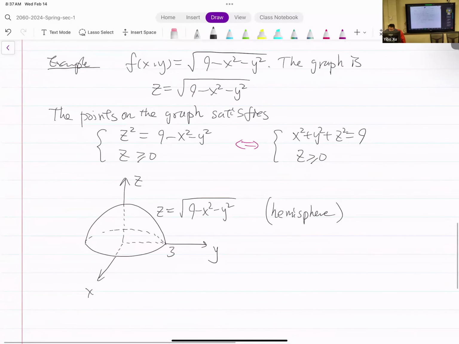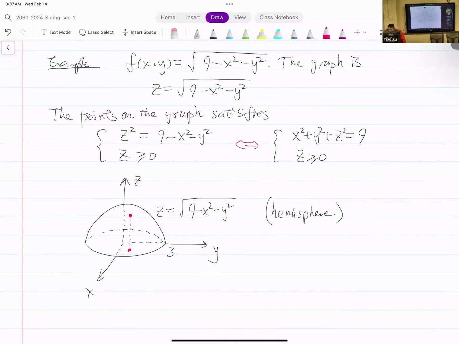So basically, what does it tell you? Here we know the domain is the disk, correct? So within the xy plane, if you imagine this is going to be lying within this disk, right? But then for whatever input here, you can draw the vertical line all the way up, and it will intersect the surface at some point, right?